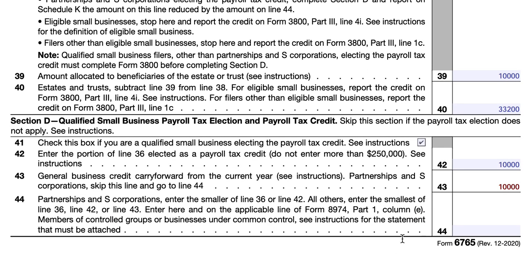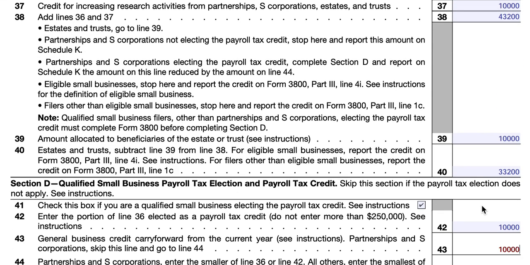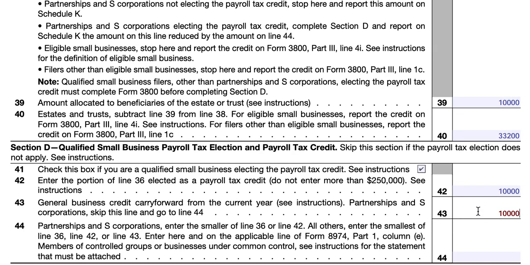Now, we're going to go to line 44, and if you're a partnership or an S corporation, you'll enter the smaller of either line 36 or line 42, which in this case is $10,000. All other taxpayers will enter the smallest of line 36, line 42, or line 43.